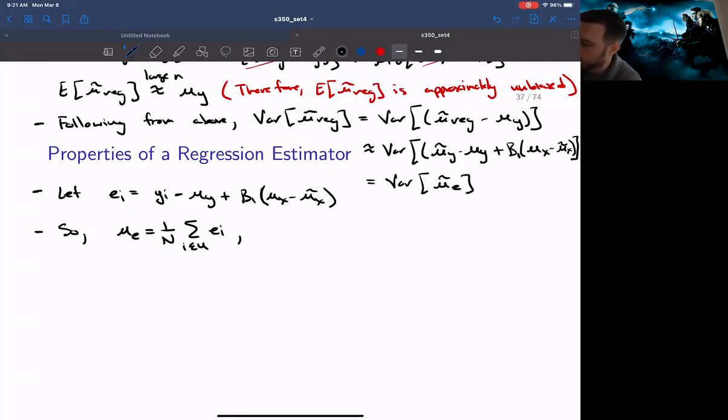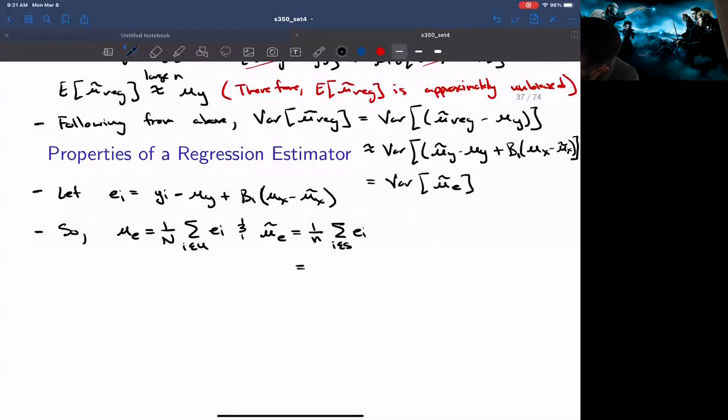And then we can say that the estimator is going to be 1 over little n times the sum over i in S of the e_i.